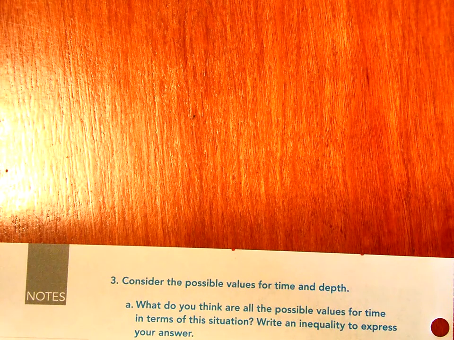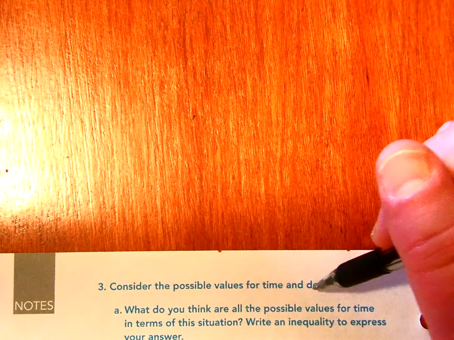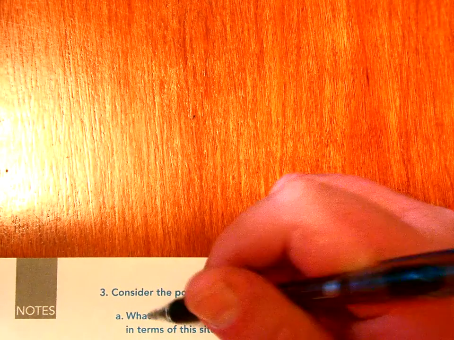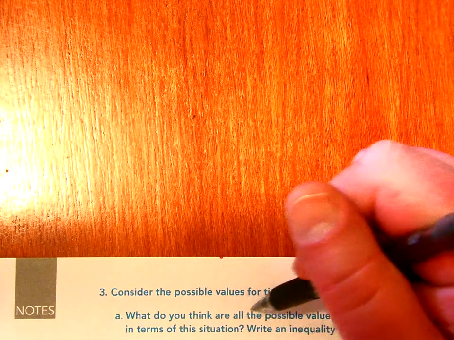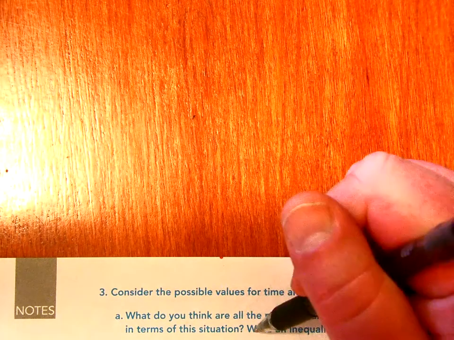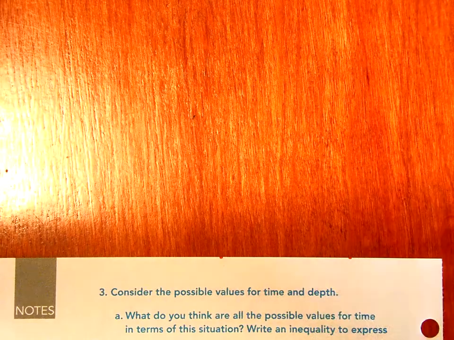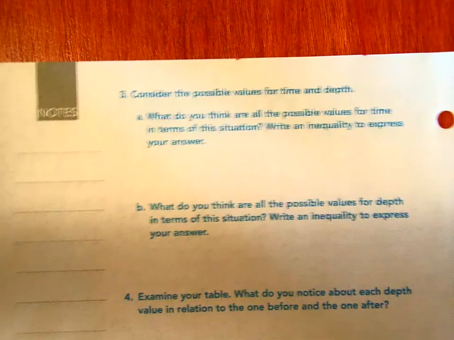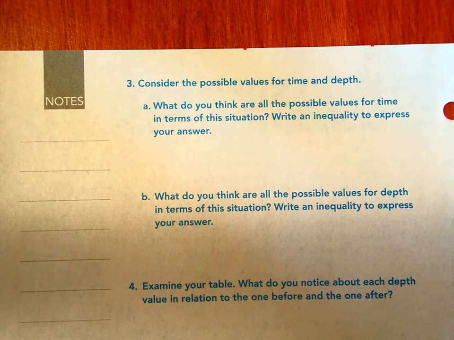Consider the possible values for depth and time. What do you think all the possible values for time are in terms of this situation? Write an inequality to express your answer. So the times, what's the smallest amount time can be? They start our table off at 0.